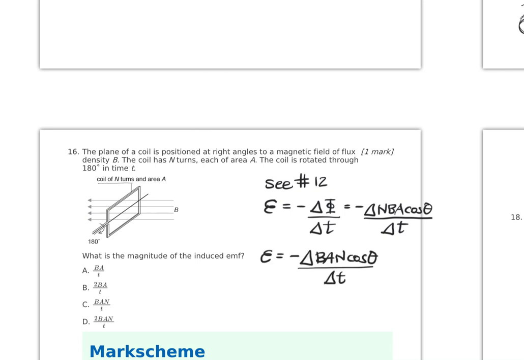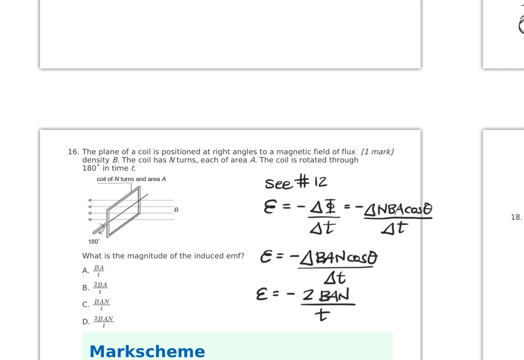That's fine. And just as in number 12, we have a 180-degree turn. So that's going to be 2 BAN in a time t. And so that gives us D for our answer, 2 BAN over t.